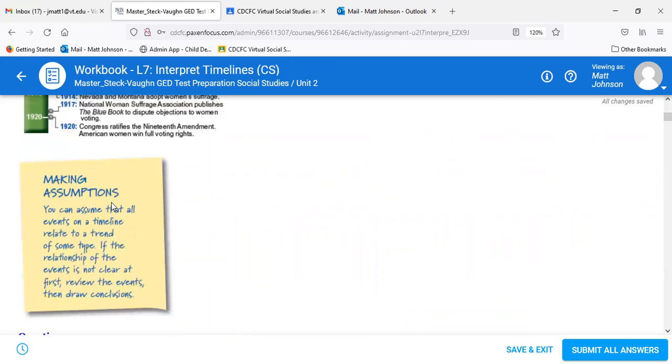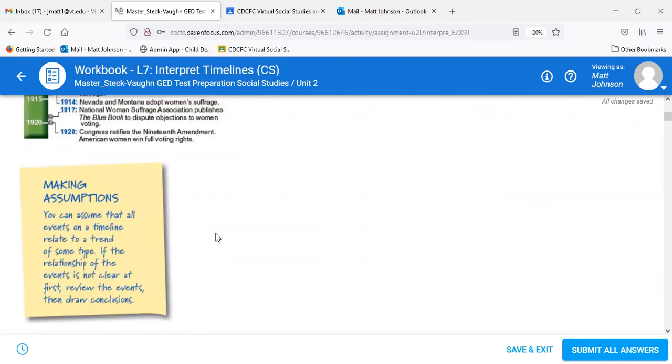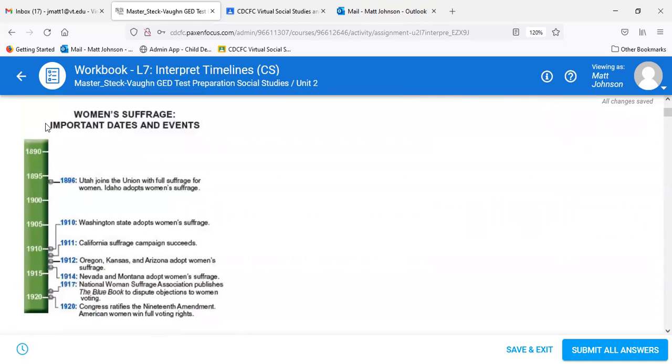And it says, for making assumptions, that you can assume that all events on a timeline relate to a trend of some type. If the relationship of the events is not clear at first, review the events, then draw conclusions. So hopefully, whenever you encounter a timeline, it'll have some type of title with it that's going to tip you off exactly what you should be looking for.